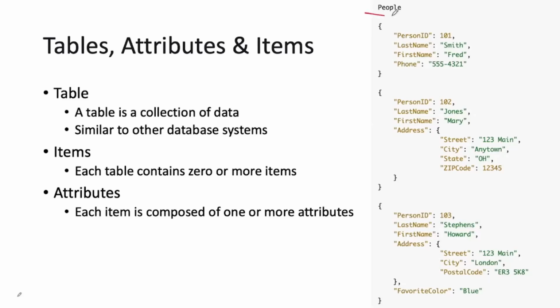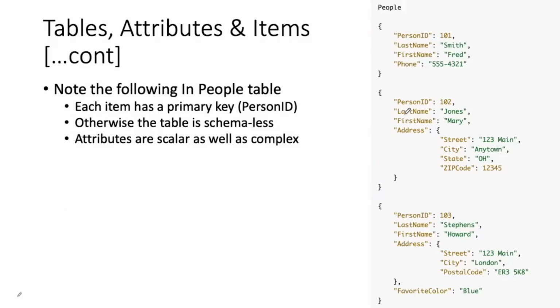So here on the right, you see a table which is representing people, and here are the items within that table. And then these are the attributes for the items of the table. A few things to note here is that each item has a primary key, which is person ID in this case.